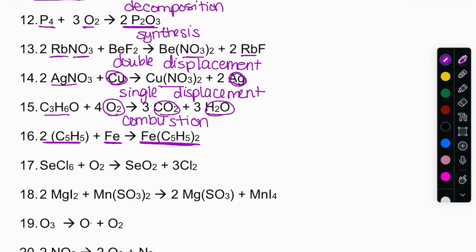So 2 separate reactants making one product is synthesis. Number 17, I got some complicated stuff and an oxygen by itself, and then some complicated stuff and the chlorines are by themselves. That's a single displacement.